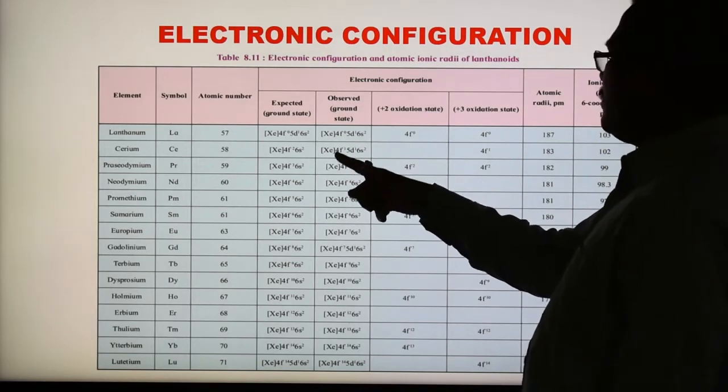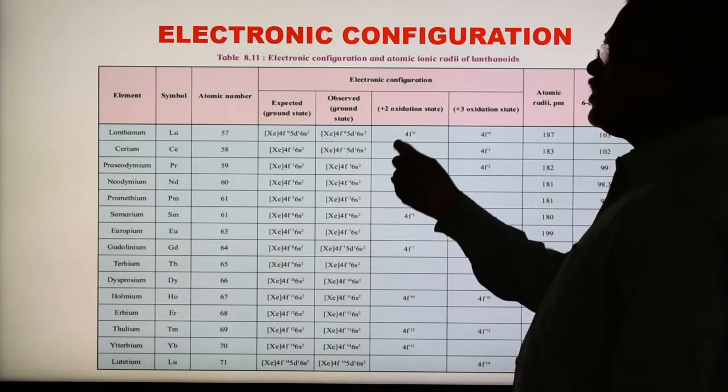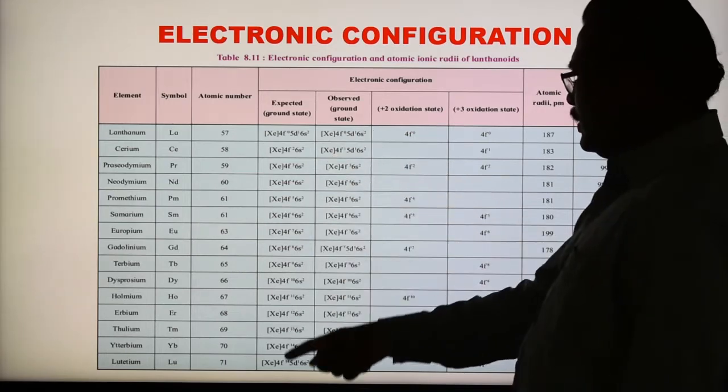Lanthanum is the first member, but the incoming electron in 4f starts from cerium and goes up to lutetium.